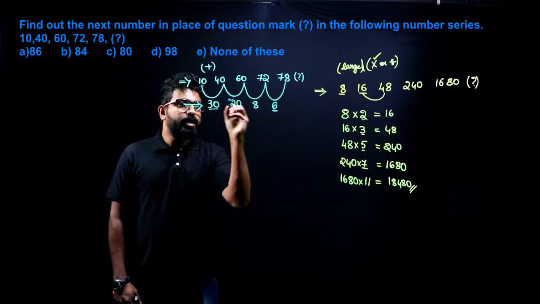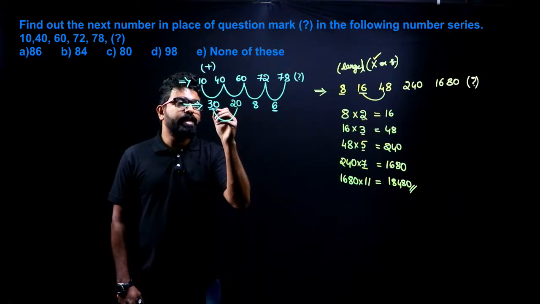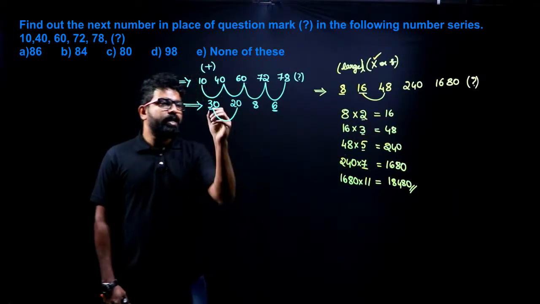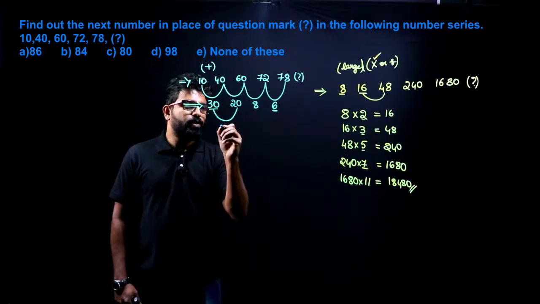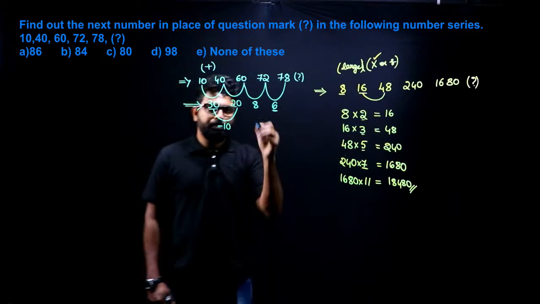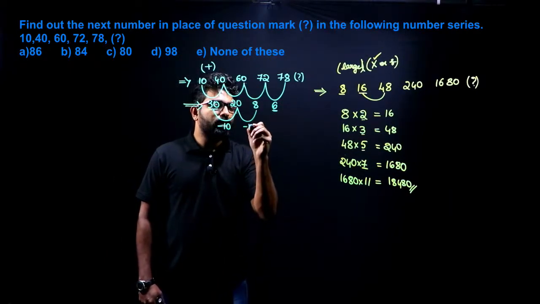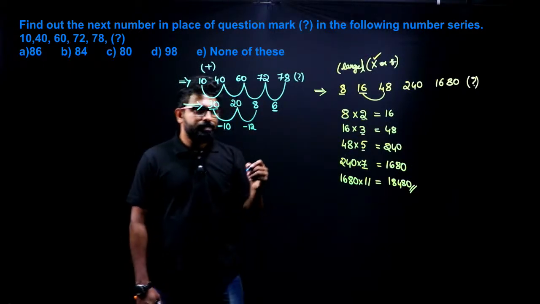If you have to go from 30 to 20, I need to subtract something from 30 so that it decreases to become 20. So the difference here would be 10, but then here I am subtracting, so minus 10. So 20 to 8. 20 minus 12 gives me 8.